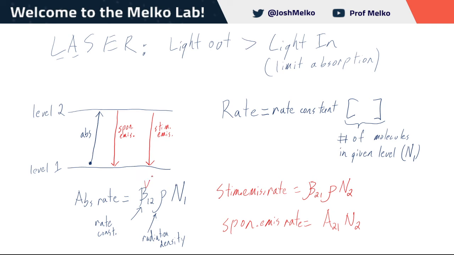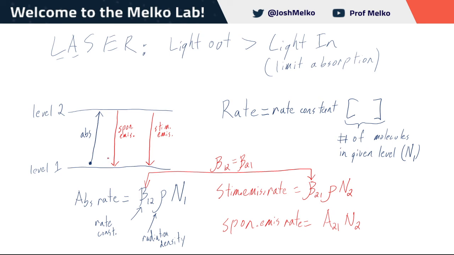Okay, so you'll notice here we use sort of the same constant here because the physics is exactly the same, right? B12 or beta 12 equals beta 21. Why? Because you're just playing the movie in reverse, right? The rate constant for it going up here, given the same radiation density, is exactly the same rate as the reverse process.